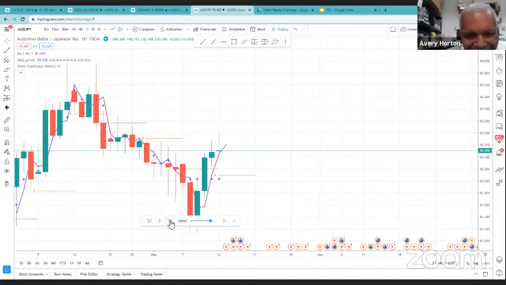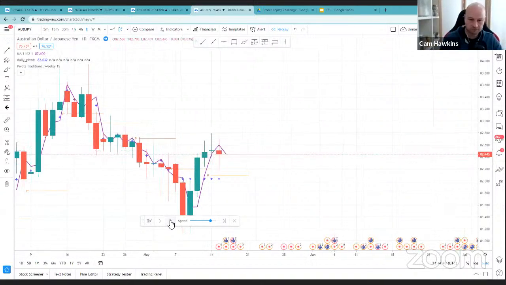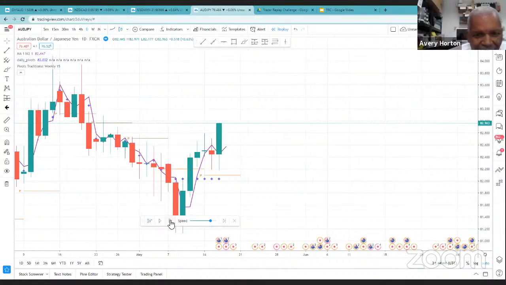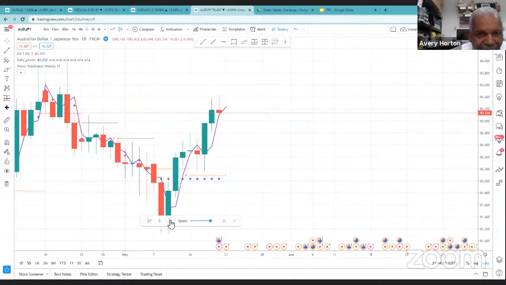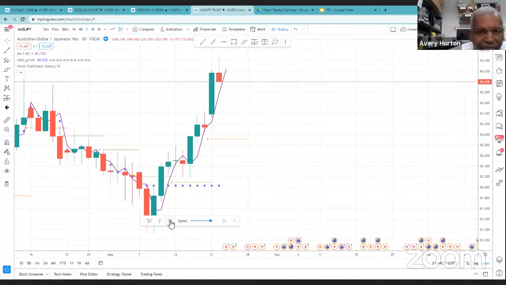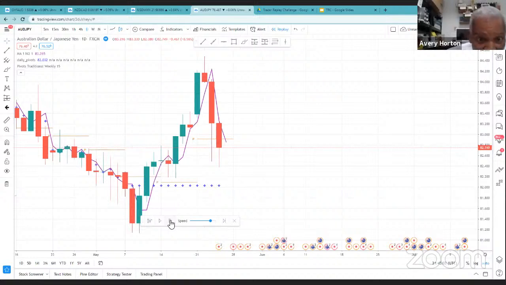Okay, it's doji then. Green. Green. Green. Green. Green. Green. Green. Green. Green.